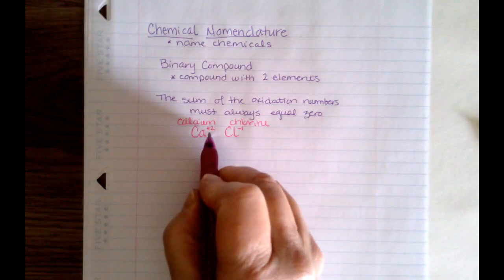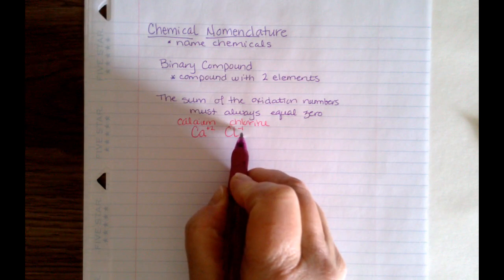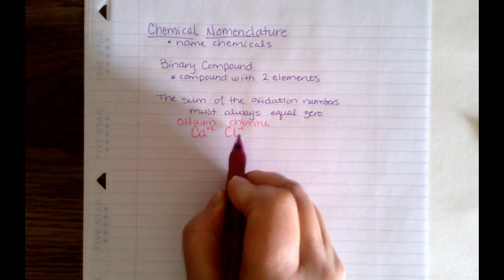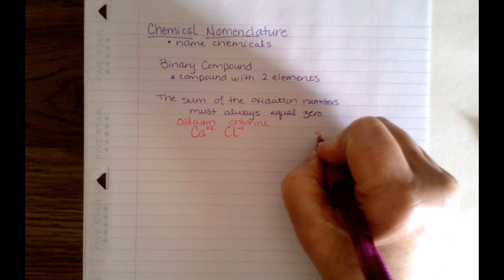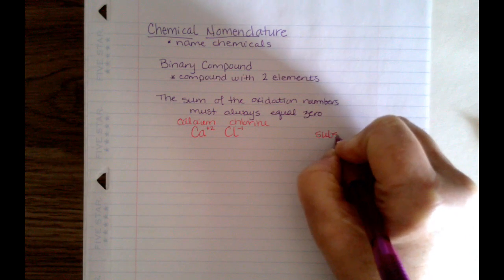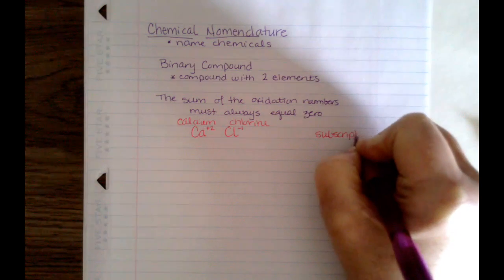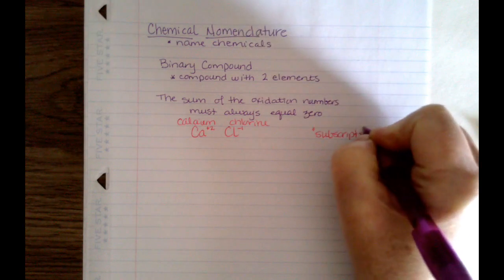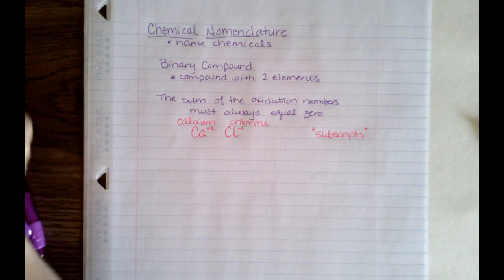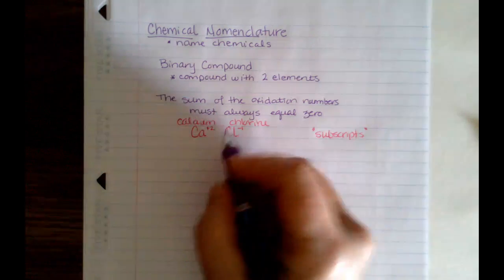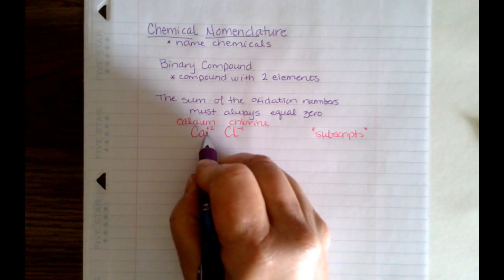When I look at this, I go +2 plus -1 does not equal 0. So the only thing I can do is add a thing called subscripts. So we'll put a new word over here, subscripts, just to remember that word. I'm going to add subscripts to this and help me make a formula for it. So I look at +2.